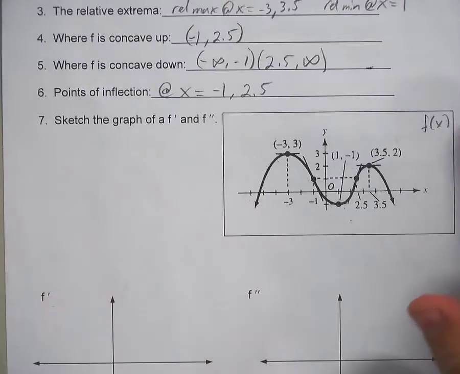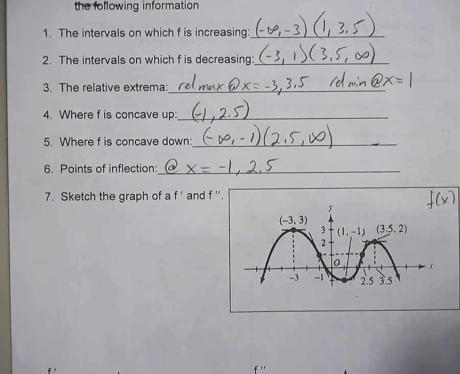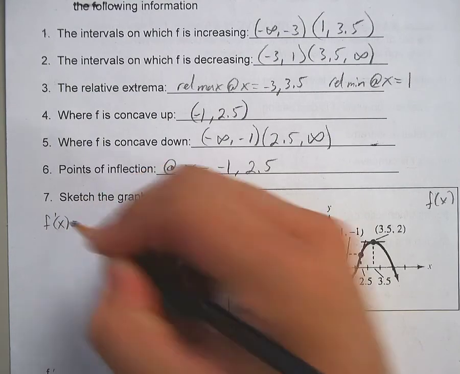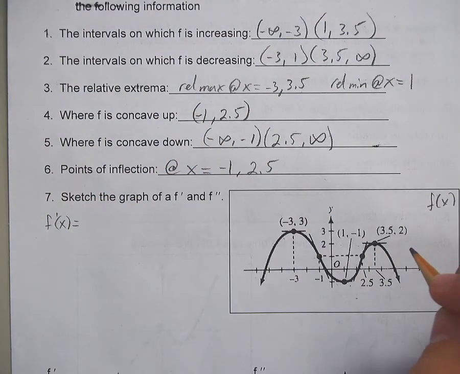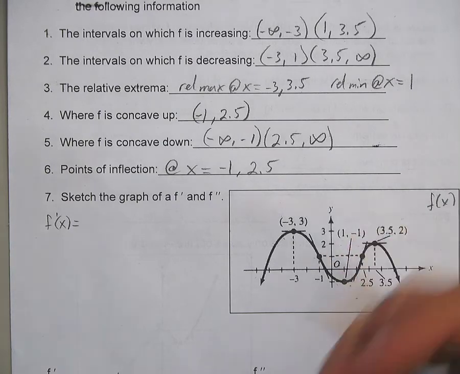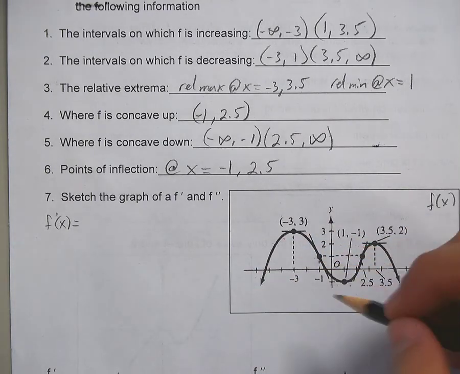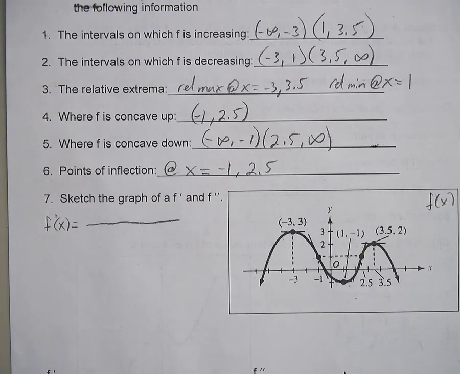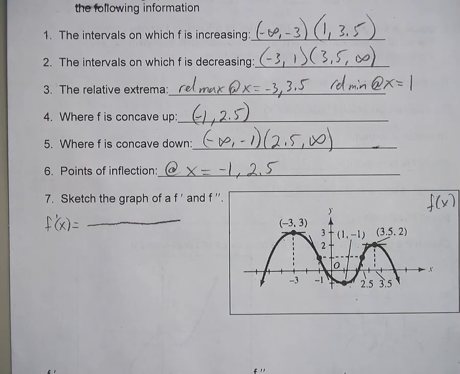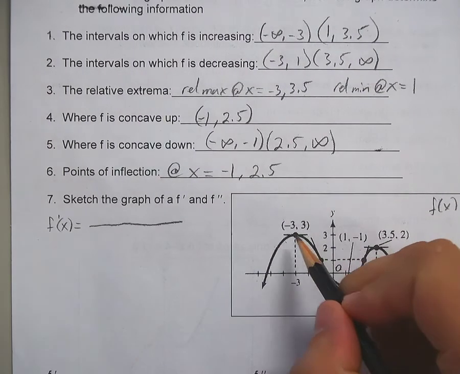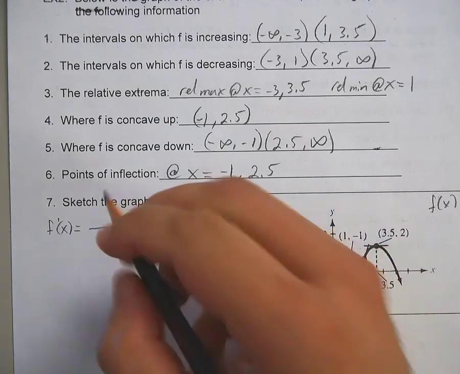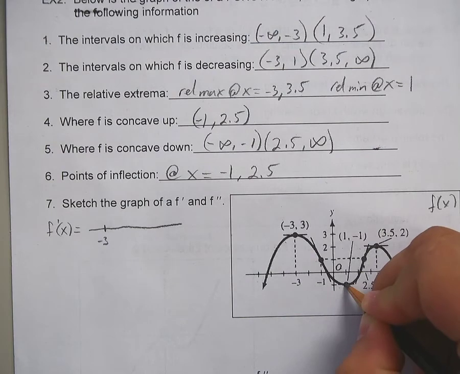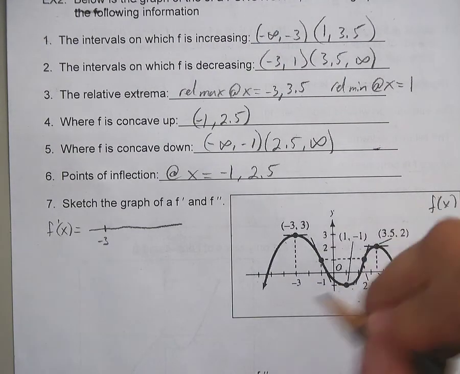Okay, it's a lot of information here. To help us out, let's put it into a number line. f prime of x. A couple of things here. It's where you're changing your increasing to decreasing, so let's get some important pieces here. Now you know that you're going to have a 0 at -3. So I'm going to put that here. I know I'm going to have a 0 at -1, or excuse me, +1 here.